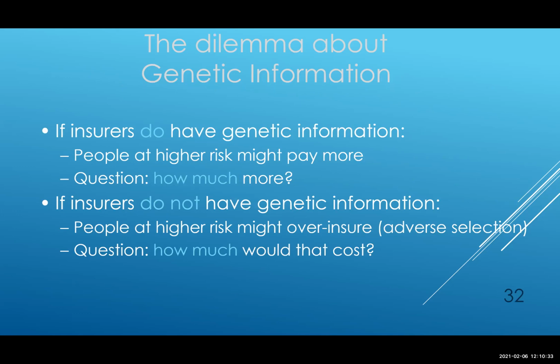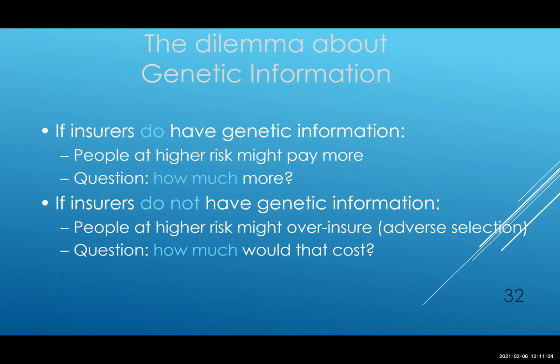So this is the dilemma. As an insurer, you can get your genetics tested for health, right? So if you have your genetic information and you have markers for, say, breast cancer or some other genetic disease, and you know that people at higher risk might pay more, the question is, how much more are you willing to pay?